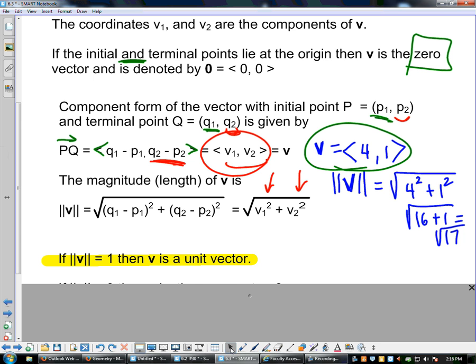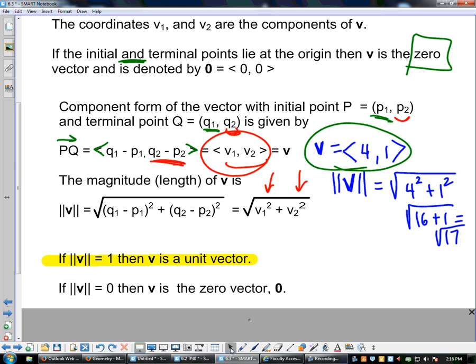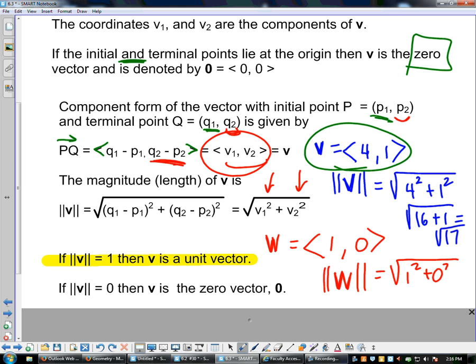For example, if my vector is <1, 0>, I'll call this vector W. Then the length of vector W is the square root of 1 squared plus 0 squared. Isn't that just equal to 1? So this vector would be a unit vector because it has a length of 1.